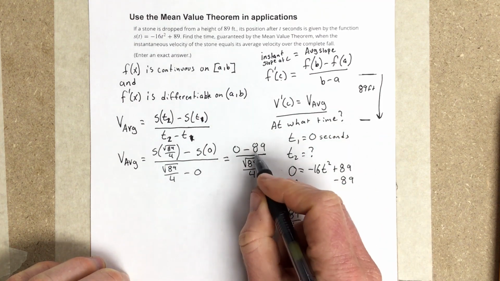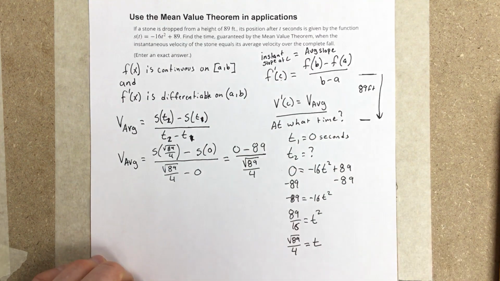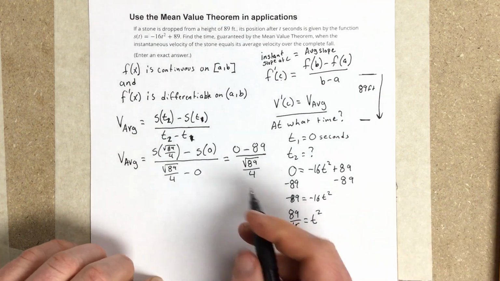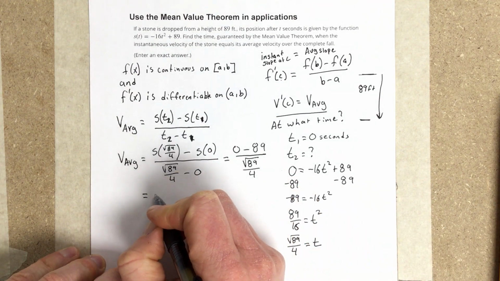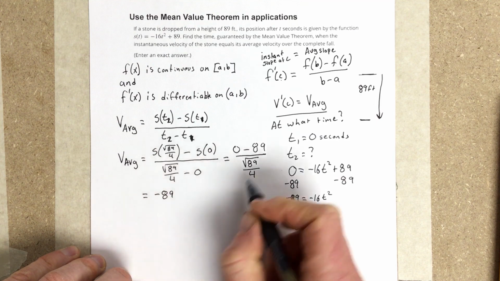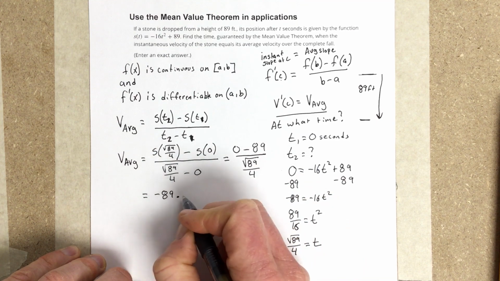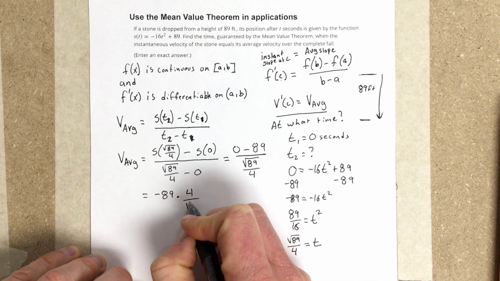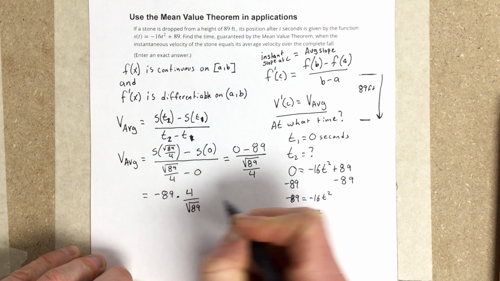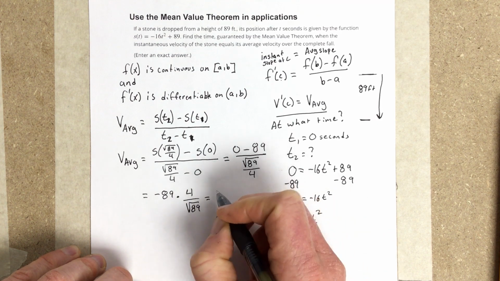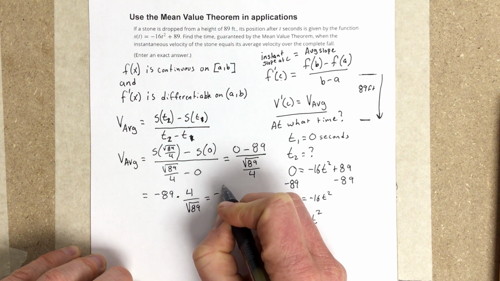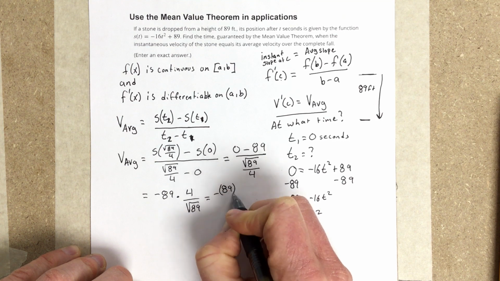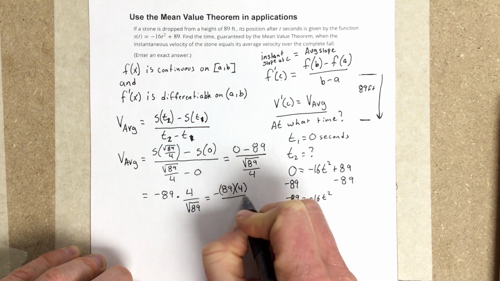So when I go ahead and start simplifying this, I'm going to get negative 89 times the reciprocal of this, so I'm going to take it times 4 over root 89, which is going to give you negative 89 times 4 over root 89.